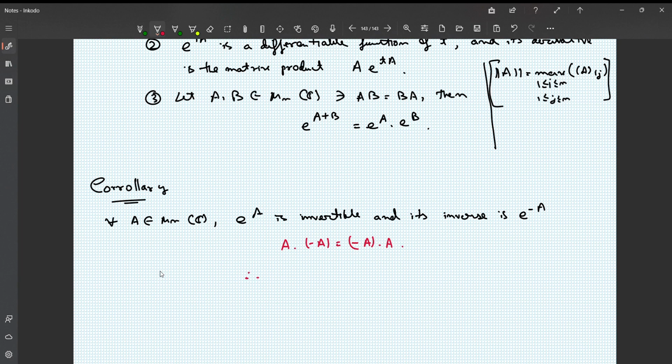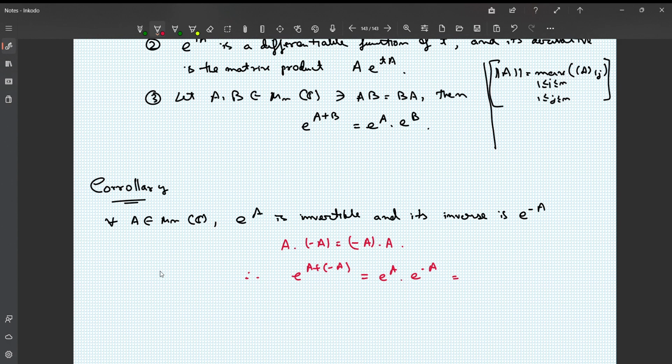Therefore, e to the power A plus minus A is the same as e to the power A times e to the power minus A, which becomes e to the power 0.